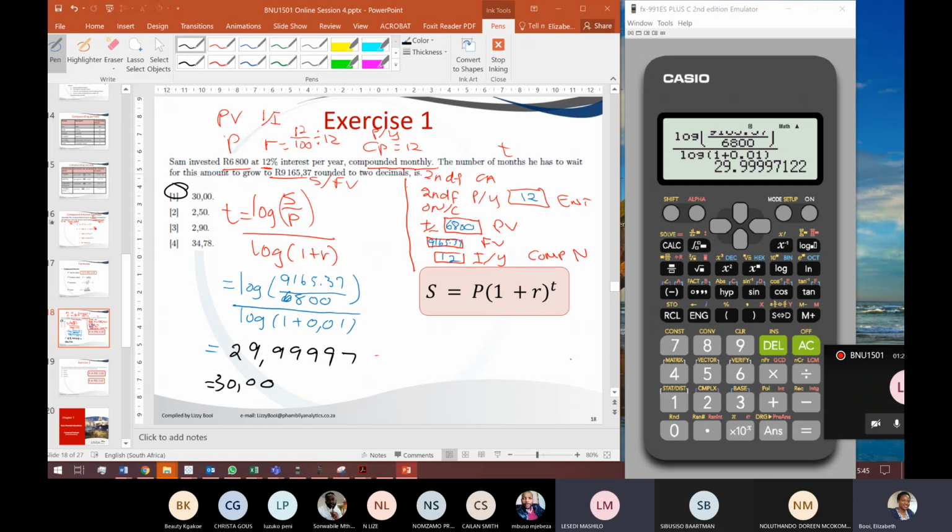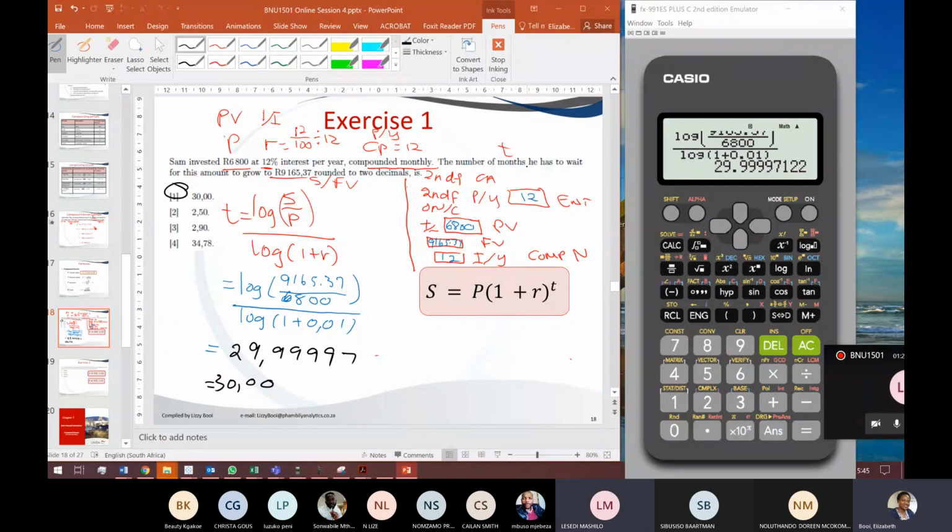Okay, for that question, for that answer that gave you 29.999, are we not going to divide it by 12 as they said that it has been compounded monthly? Remember now they are looking for the number of months, not the years.